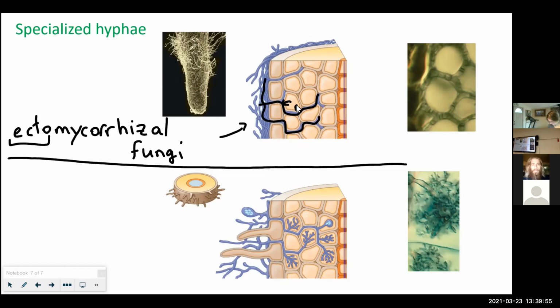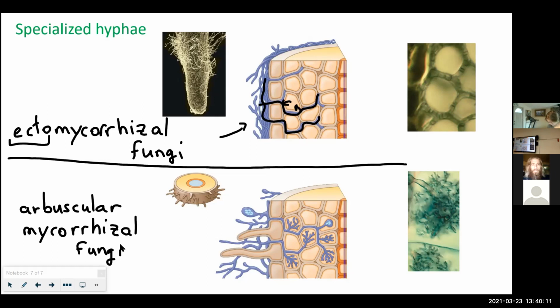The second type is called arbuscular mycorrhizal fungi. And so these form branched structures called arbuscules, kind of like minuscule, okay? This is an arbuscule.